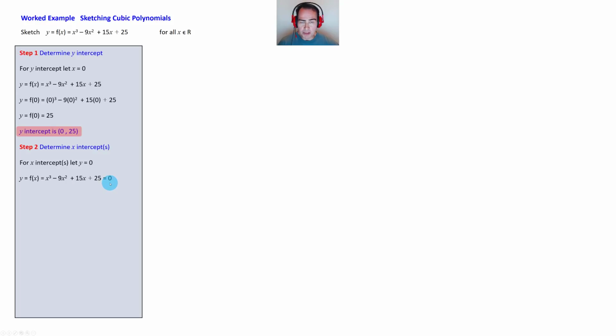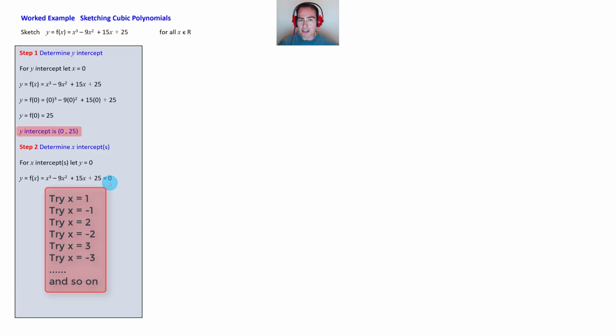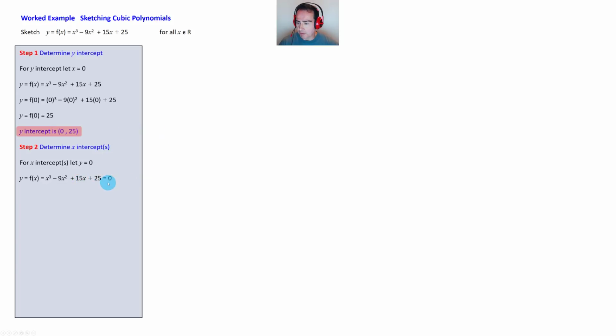So the first thing that we do is we systematically try different values of x. By systematically I mean try x equals 1, then negative 1, then 2, then negative 2, then 3, then negative 3. And usually by the time we get to x equals negative 3, we will have discovered a value of x for which this expression equals 0.